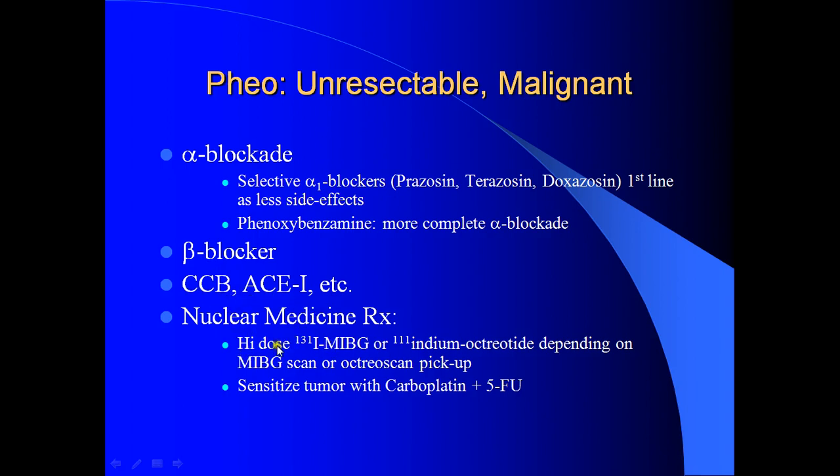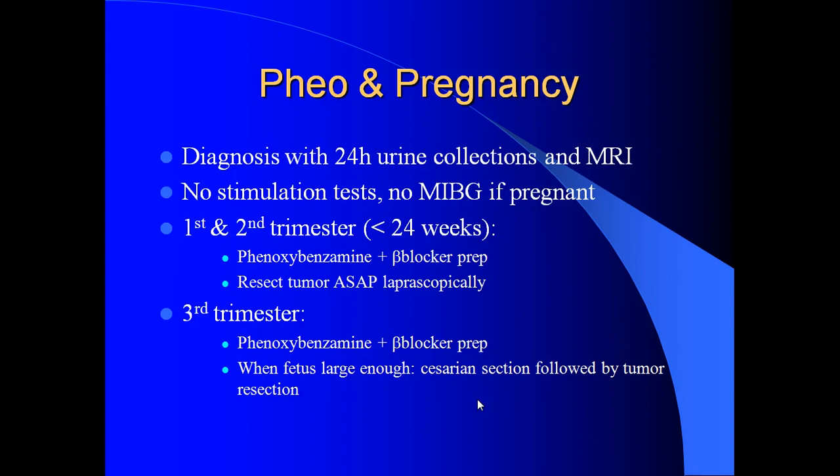In nuclear medicine, high-dose MIBG or octreotide, depending on which the tumor picks up, can be given, which will burn the tumor. You can also give chemotherapy. These medications can also make tumors responsive to carboplatin and 5-FU chemotherapy, which is the chemotherapy given to these patients.